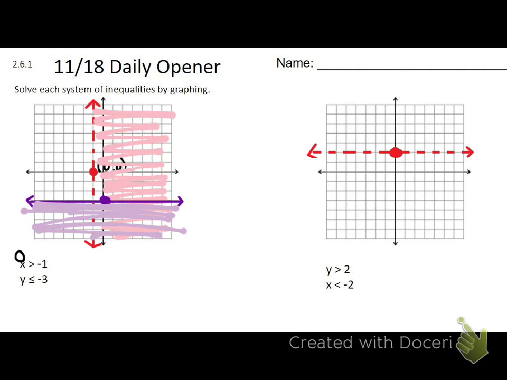Nope, 0.5. Okay, so am I going to shade above or below? Above. All right. Then we have x is less than -2. So because it's x, I go to my x-axis. Go to -2. Is it going to be solid or dashed? It's going to be dashed.